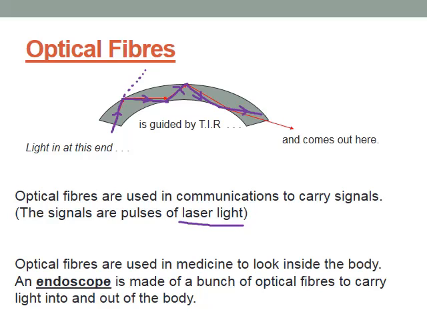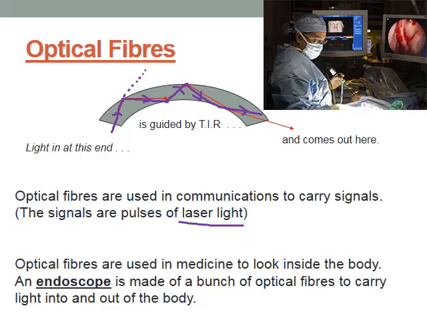The main use you've got to know of is the use in endoscopes. Endoscopes, like this doctor here, are placed inside the body. At the end, it's got a light to illuminate the area that the doctor's looking at, and also a camera, and then the camera transmits the signals back along.